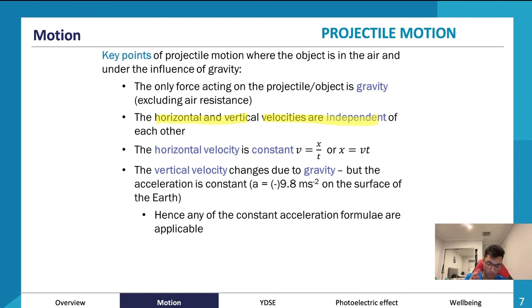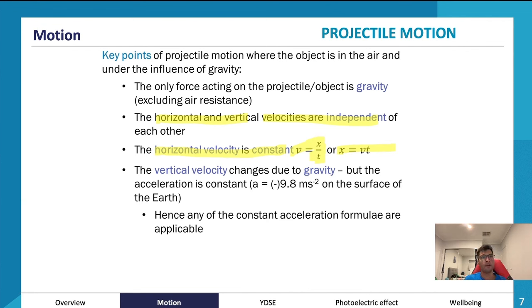The horizontal velocity is always constant, so you can use the formula where velocity is distance over time, or distance is velocity times time. Because the horizontal velocity is not changing, you can just use these formulas as is.